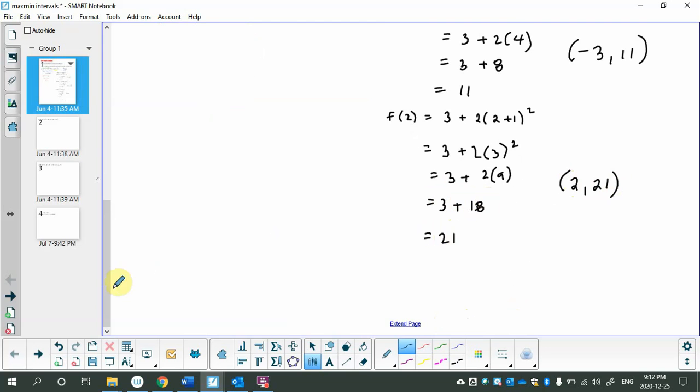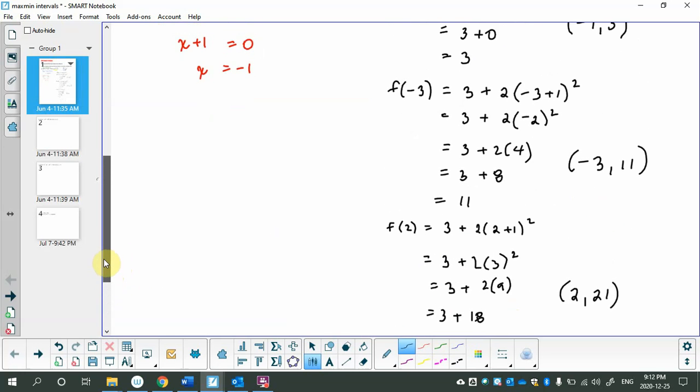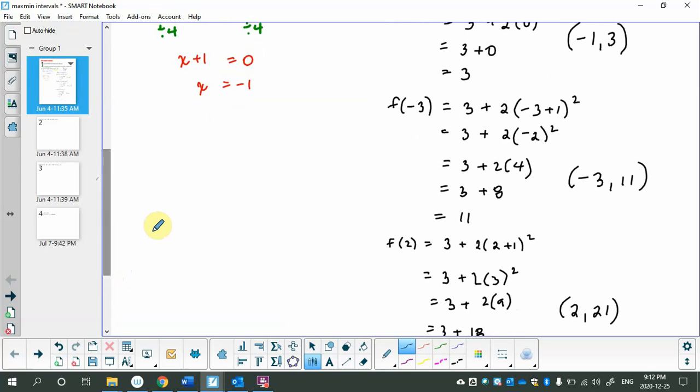All right. So, maximums and minimums are based solely on the y values. So we have to know how high or how low it goes compared to the x-axis. So if I look at this question, 21, 11, and 3 are our determining values.